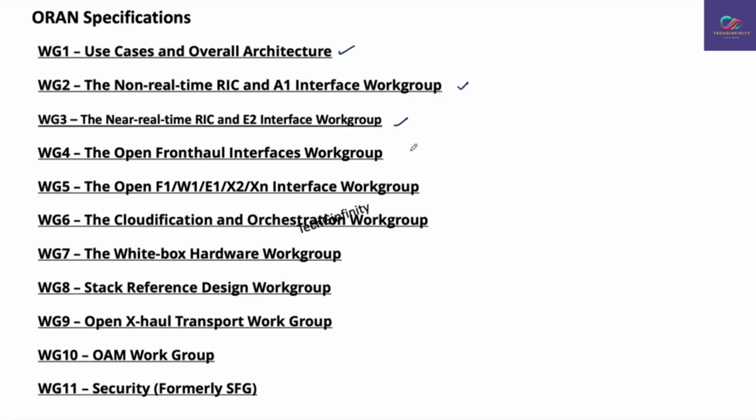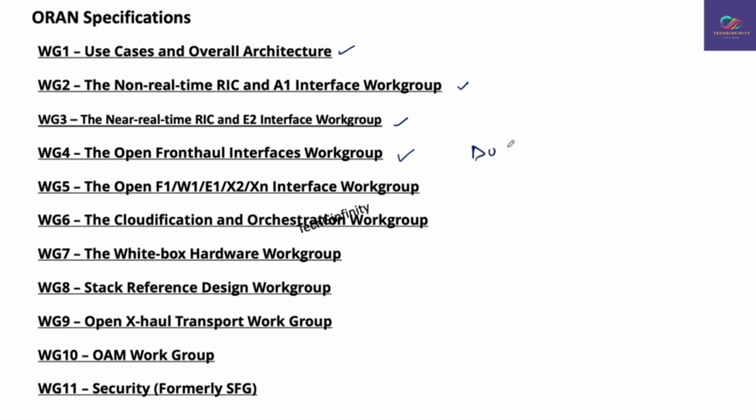When you look into working group 4, this is the working group for the fronthaul interface. This group focuses on the interface between DU and RU.